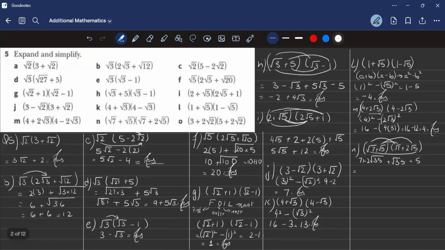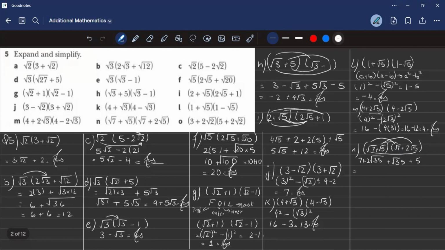Now simplify this. 7 plus 5 is equal to what? Wait a second, I think I've done something wrong. Yeah, I've done something wrong. Under root 7 multiplied by under root 7, under root 7 plus under root 5, under root 7 plus 2 under root 5. First value, under root 7 multiplied by the outer value, plus 2 multiplied by under root 35. Inner value, 7 plus 35.